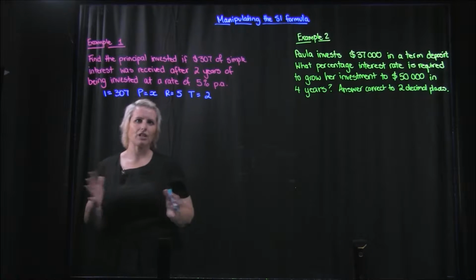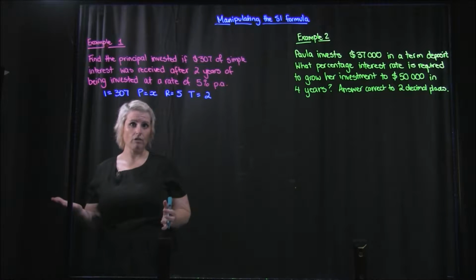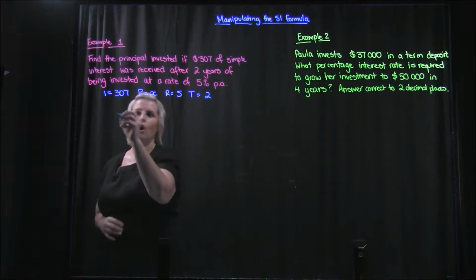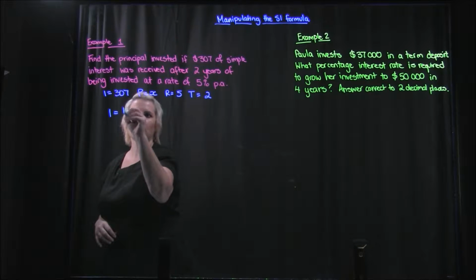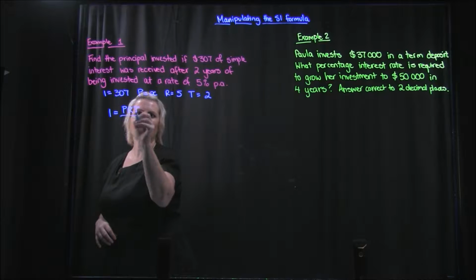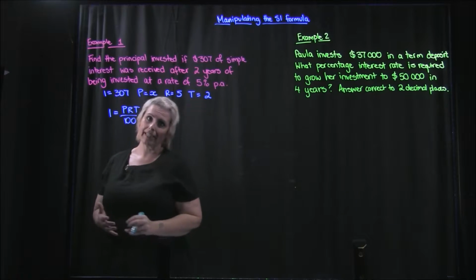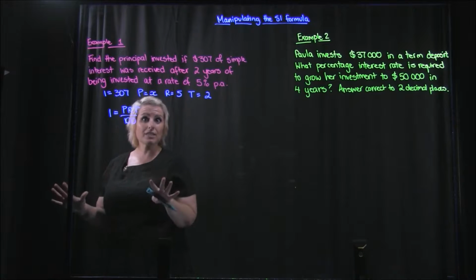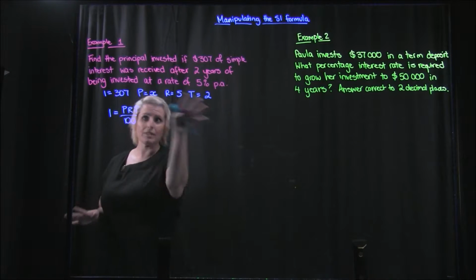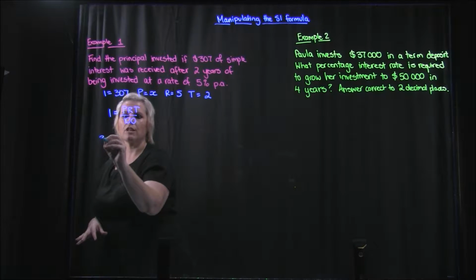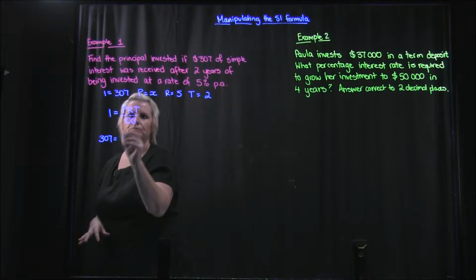So I just need to make sure that I identify all of that information first, and then from there I can go. So I still start with writing my formula. I equals PRT over 100. Okay, so that's step one. My step two is still to sub in what I know. I know that interest is 307.